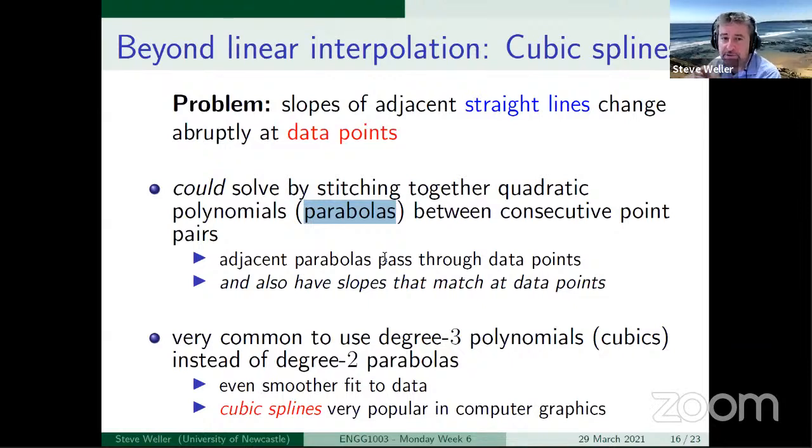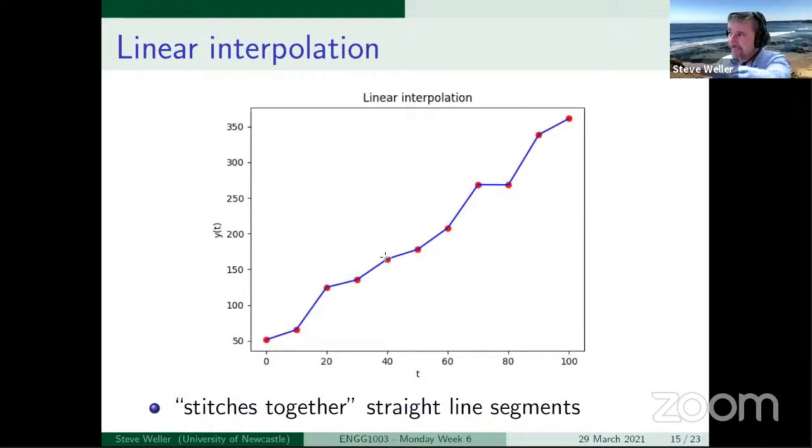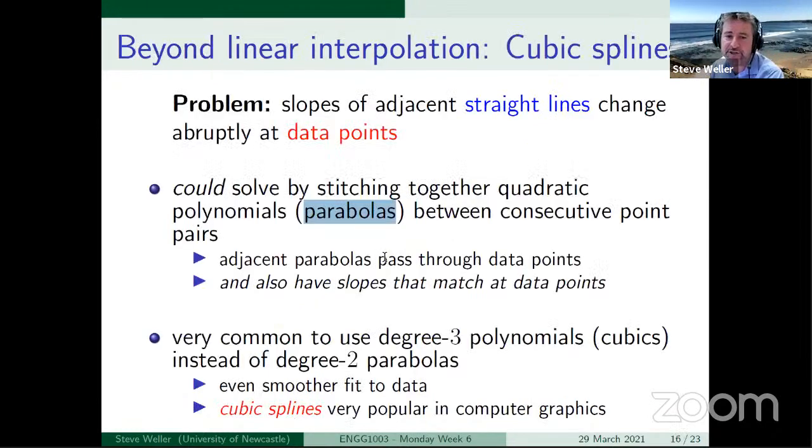And so it's possible to stitch together quadratic polynomials so that they satisfy two constraints. Adjacent parabolas should pass through the data points, the red dots, and they should also have slopes that match at the data points. So we avoid this very disjointed interpolation by using parabolas, which smooth that transition.